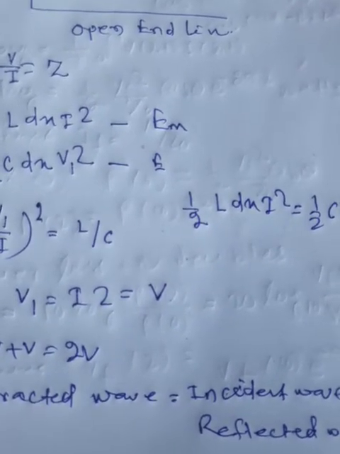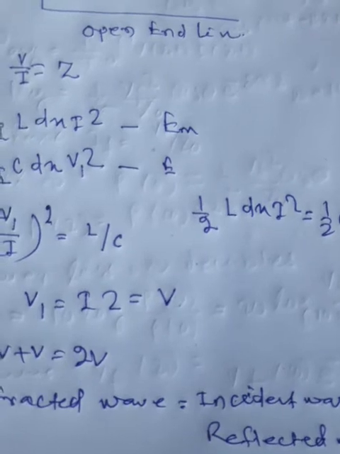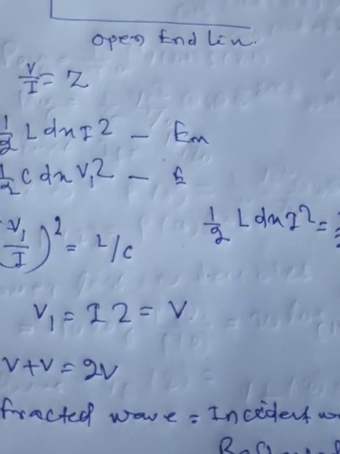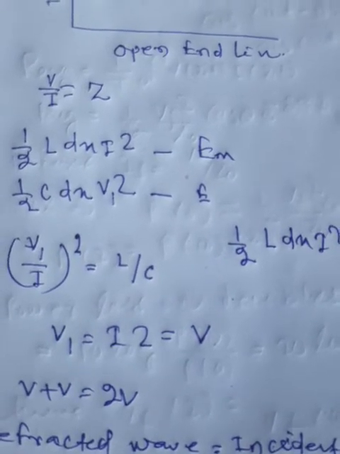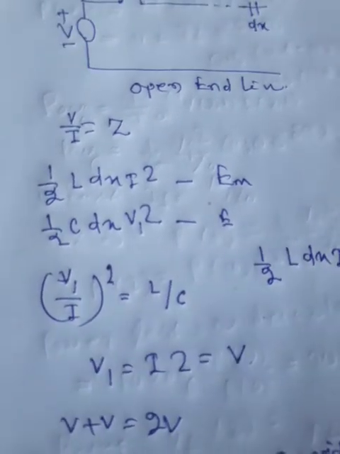We have seen that for an open-end line, a traveling wave is reflected back with positive sign and coefficient of reflection as unity. Let's see now about the current wave.